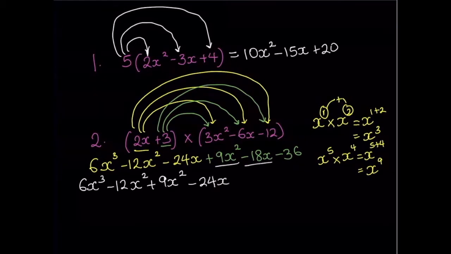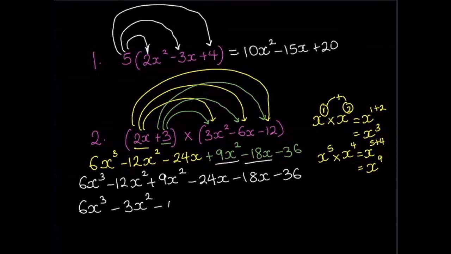And then we have another term with x. So minus 18x. And then minus 36. And then now you can just simplify it as normal. So you have 6x to the 3. Then you have minus 3x squared. And then you have minus 42x minus 36. And this is going to be your answer once you multiply these two polynomials.